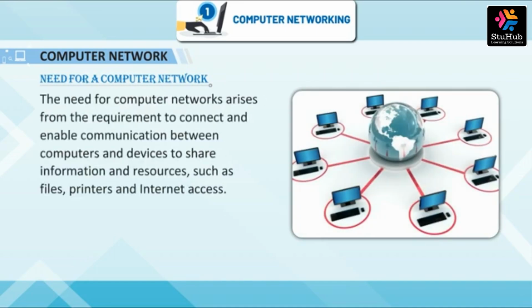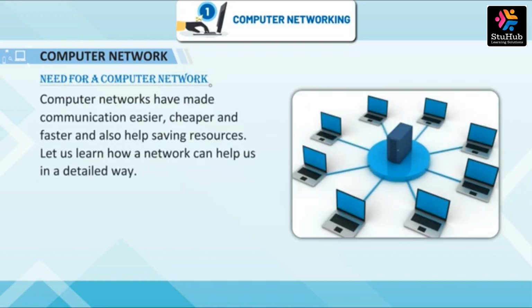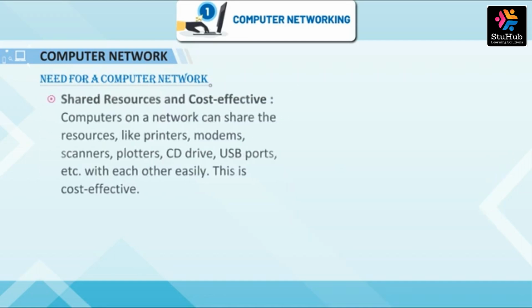The need for computer networks arises from the requirement to connect and enable communication between computers and devices to share information and resources such as files, printers, and internet access. Computer networks have made communication easier, cheaper, and faster, and also help save resources. Let us learn how a network can help us in a detailed way.